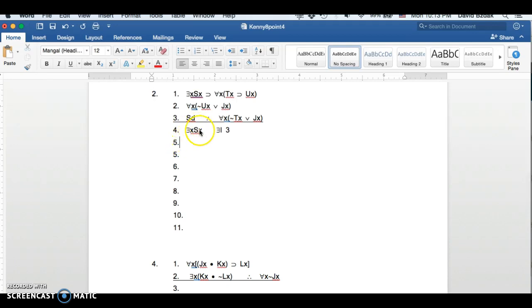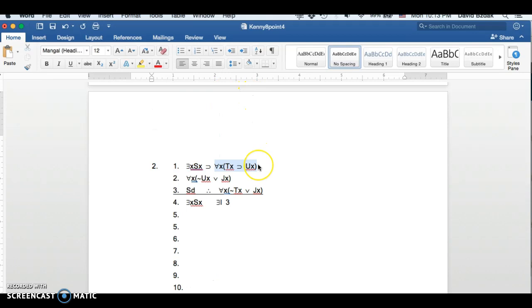Okay, now step 5. Now we have a conditional and we have the antecedent of that conditional, so we can get the consequent of that conditional, which is this. So we can get that on line 5, and that's by conditional elimination of 1 and 4.